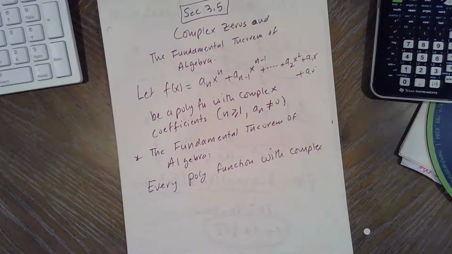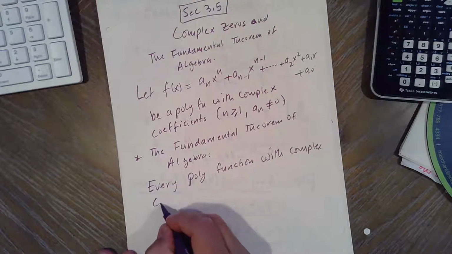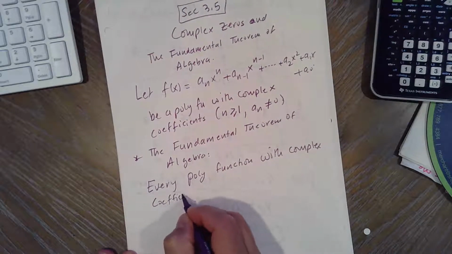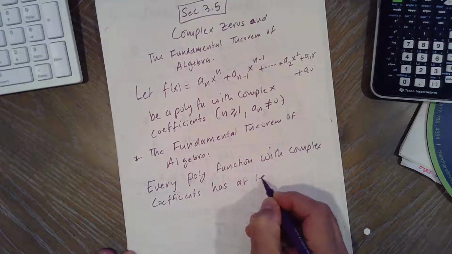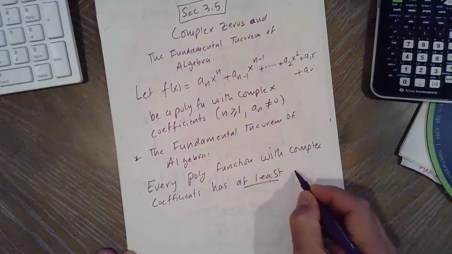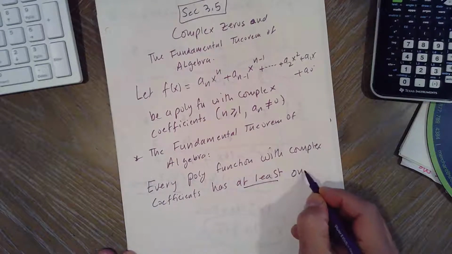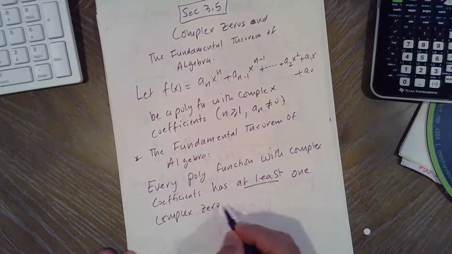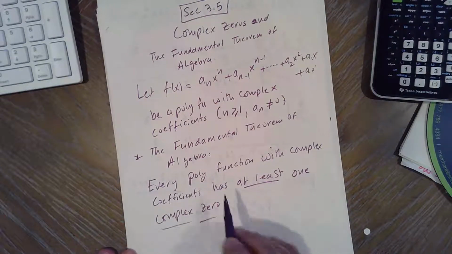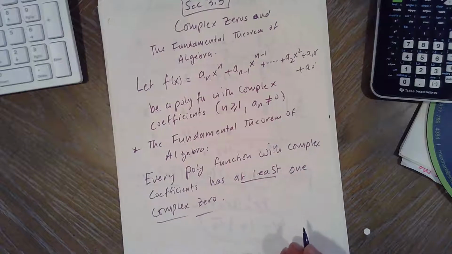Because complex numbers include real numbers as well. Complex coefficients has at least one complex zero.